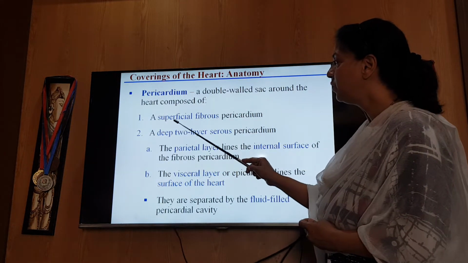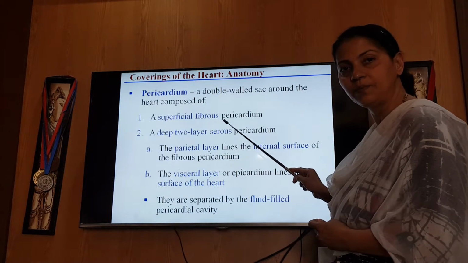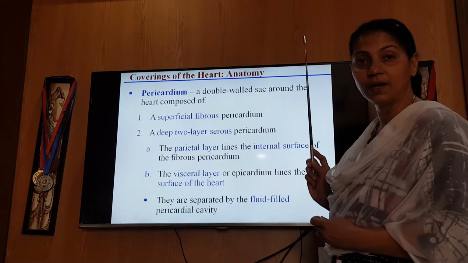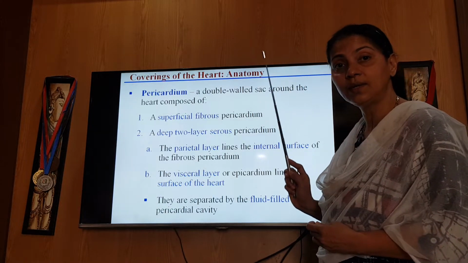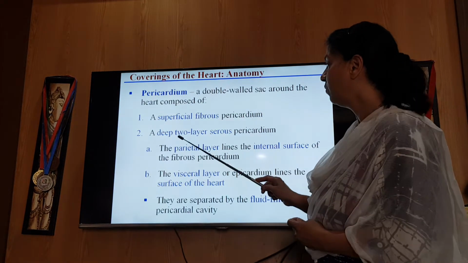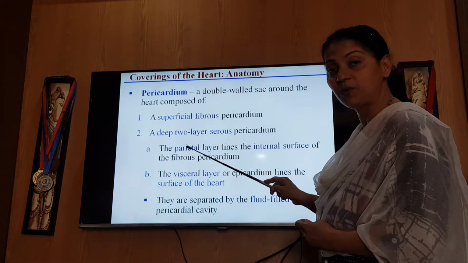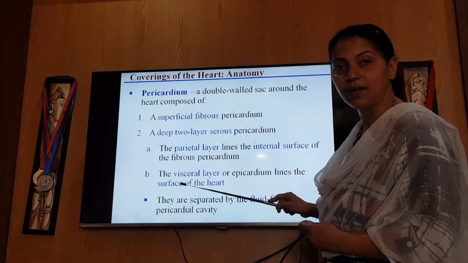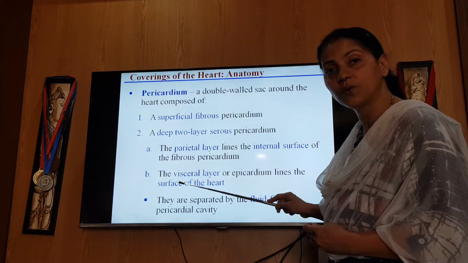The superficial layer is the fibrous pericardium. The deep layer is the visceral pericardium or serous pericardium. It is again divided into two parts. One is the superficial, that means the outer layer, and the deeper layer means the one which is closer to the heart.